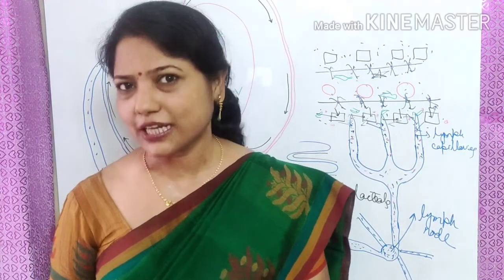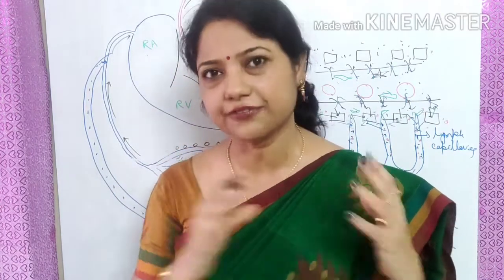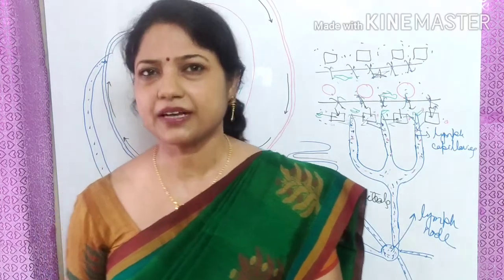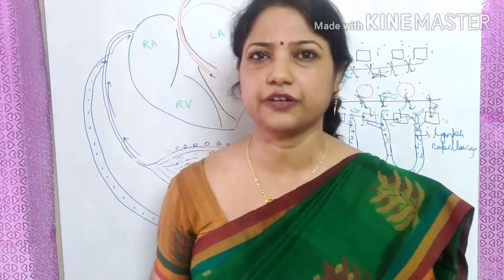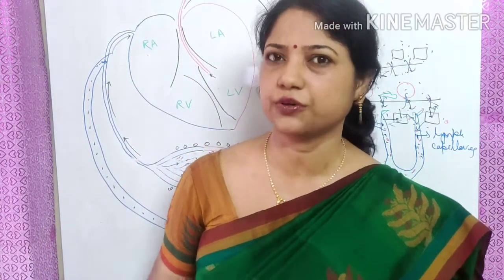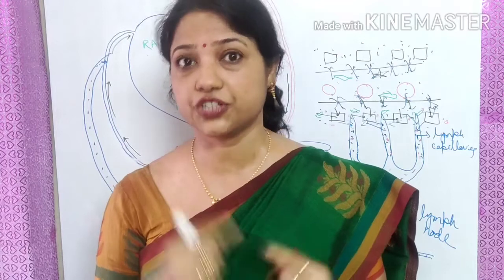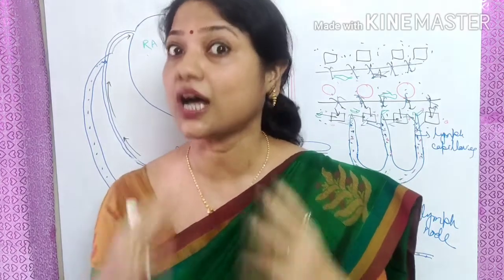Now, I would like to tell you one more thing. We have read about the functions and structures of the heart. There are certain conditions which occur in our body because of the malfunctioning of the coronary arteries, the arteries which supply blood to the heart.